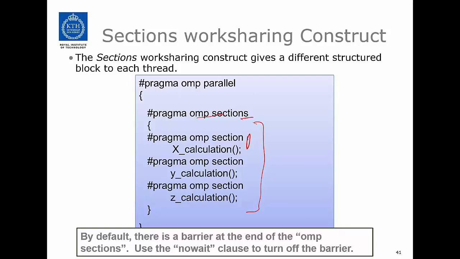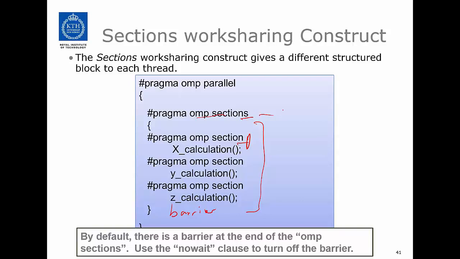See the difference? S here and no S here. And then the first thread that comes here will take one of the sections and execute it. The second thread will take another one of the three sections and execute it, and so on. As usual with work sharing constructs, there is by default a barrier here unless you write the nowait clause here.